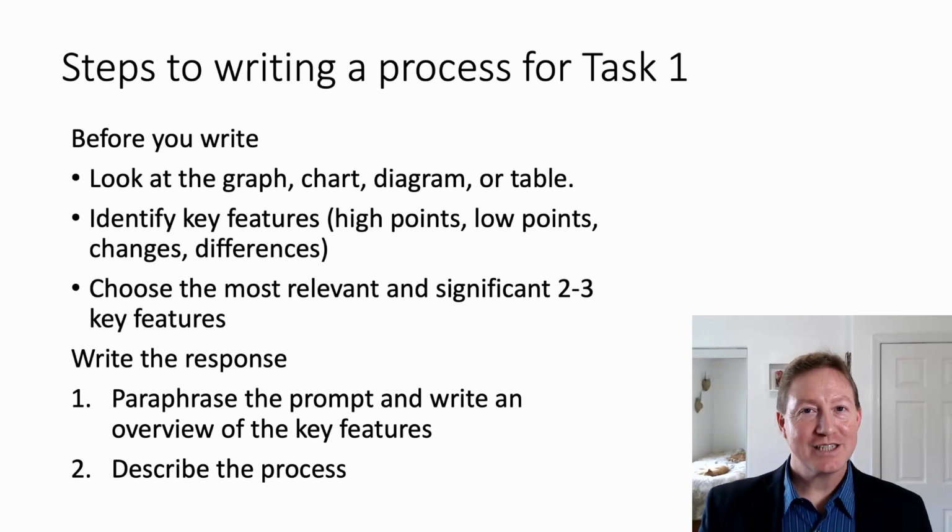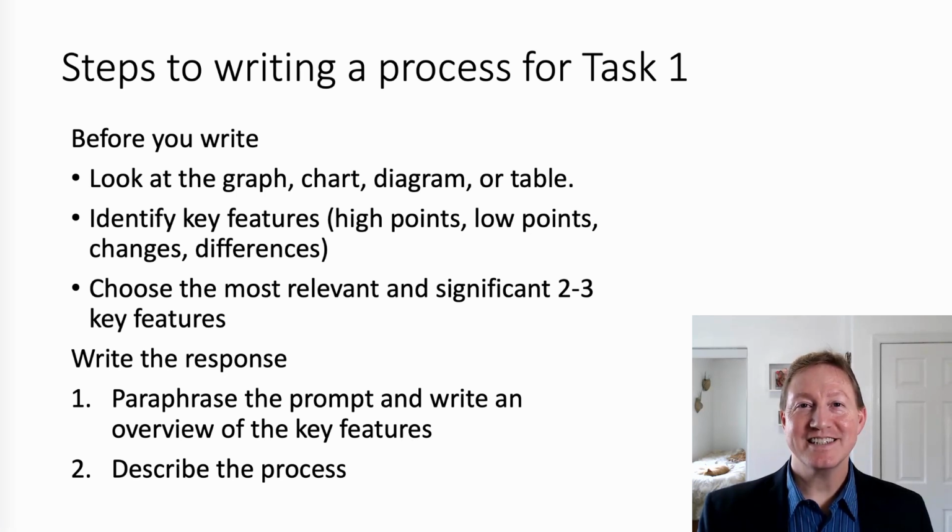When you have a Task 1 writing essay to do, you will see a graph, a chart, maybe a diagram or some table. You want to look at that information and figure out what it's about. Look for high points and low points.